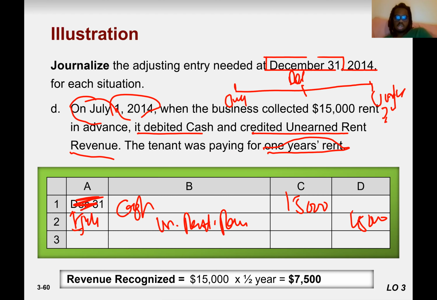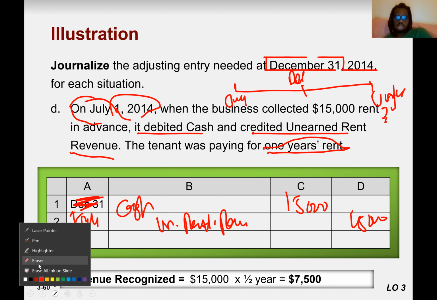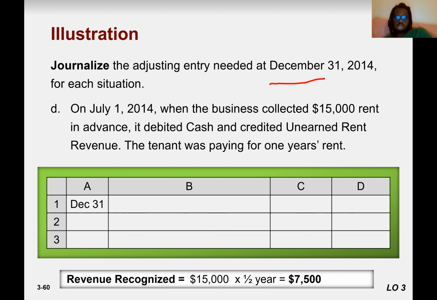We received in advance. But now our accounting year is closing at 31st of December. So how much rent are we entitled to transfer into our revenue, because our business is renting services? Out of 15,000, half of the year's rent we have now performed. It means we are entitled to charge half of that into our revenue.